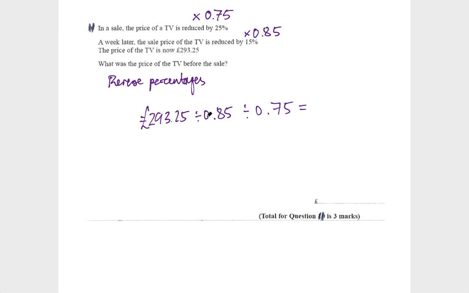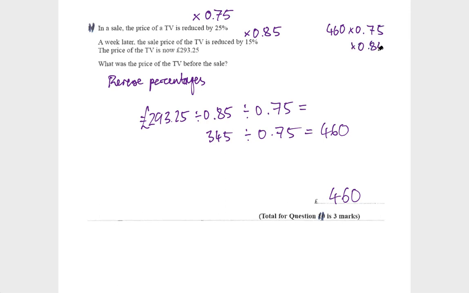So 293.25 divided by 0.85 is 345, divided by 0.75, which equals 460. And then you would probably want to check this in an exam by doing exactly the same thing, starting with the 460 and just checking that when you go forward, whatever method you want to use for 25%, 15% reductions, you would then end up with the number that has been given in the question.